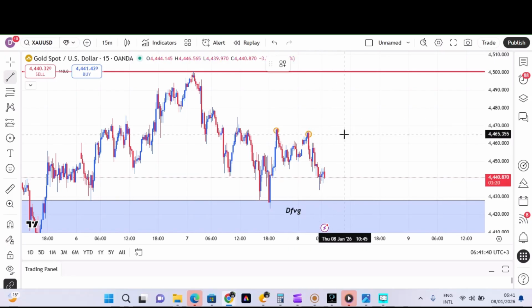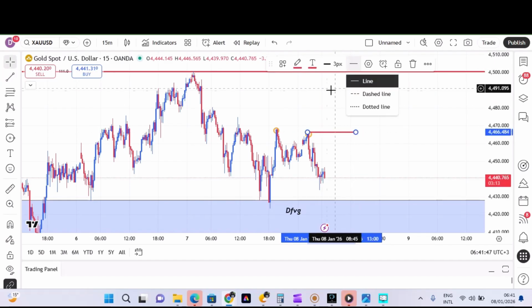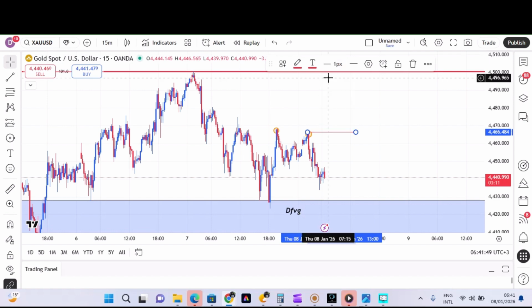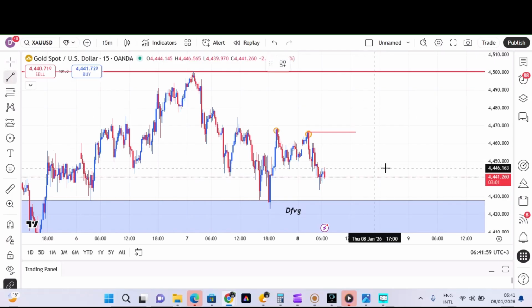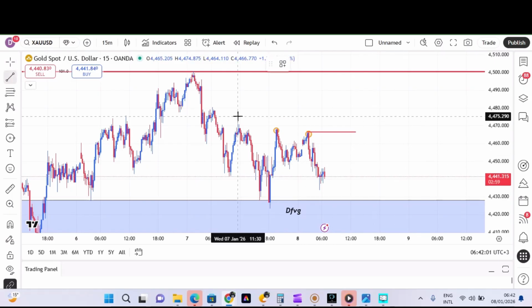So liquidity zone 1, let me mark. And liquidity zone 2. This is also a liquidity zone.